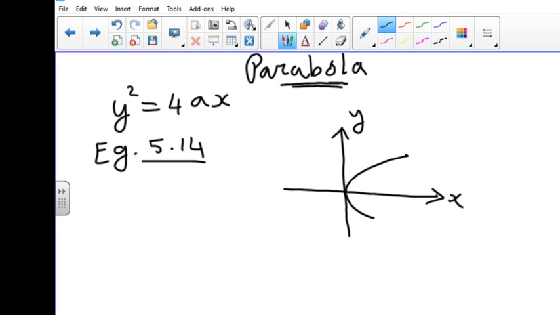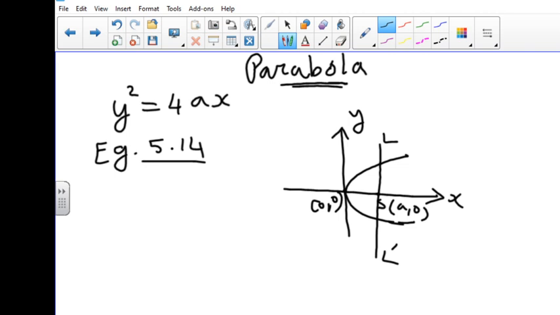It opens rightward and it passes through the origin (0, 0), and we have seen here this is the focus, S, which is (a, 0). We have also seen that the latus rectum passes through the focus. So LL dash is the latus rectum.